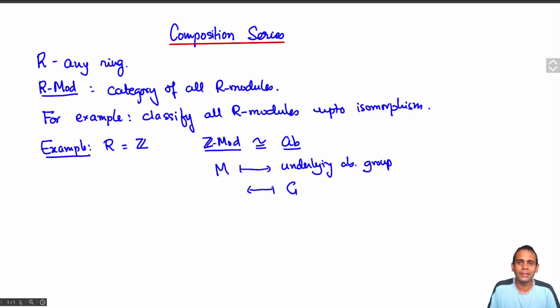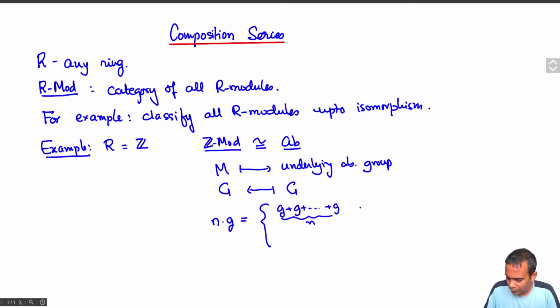You can put on G the structure of a Z module. So how do you do it? You need to say, given an integer n and an element g of G, what is n·g? And you say that n·g is g plus g plus g, taken n times, if n is greater than or equal to 0.